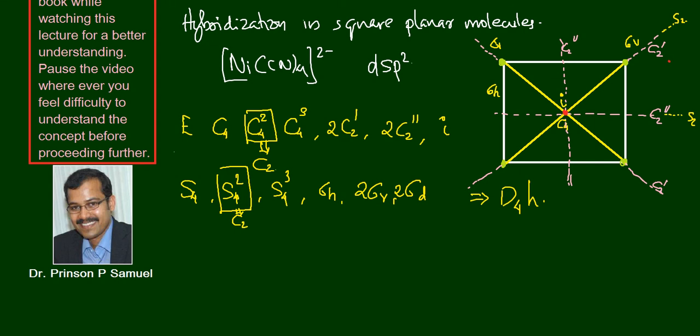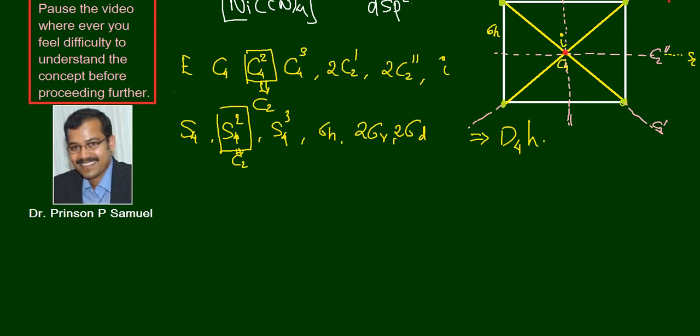So let me list the non-redundant symmetry operations present in D4h. These are E, then we have C4 and C4 cube, together we write 2C4, because in the character table we write like this. These two belong to the same class.